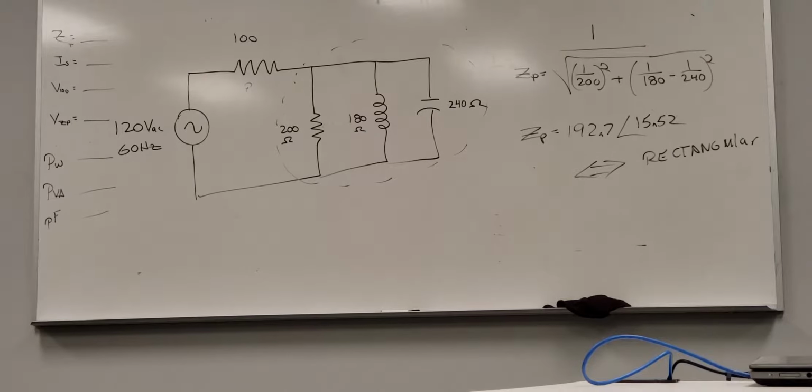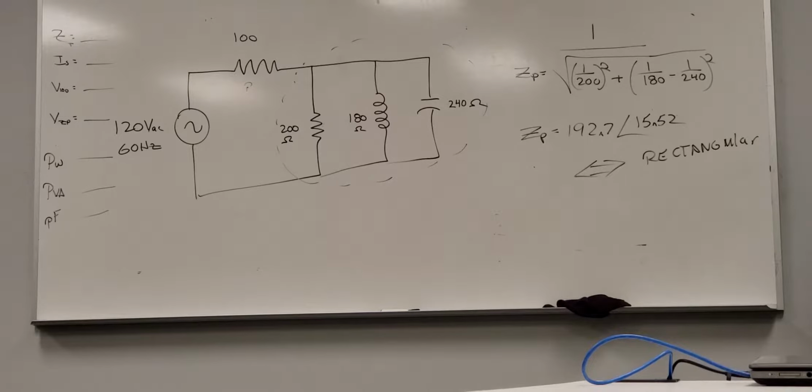Alright, now I want to go from polar to rectangular, so I hit number 3. I want X component. Alright, so I put 192.7. Then hit second function period, which would be a comma. And then I punch in the 15.52.